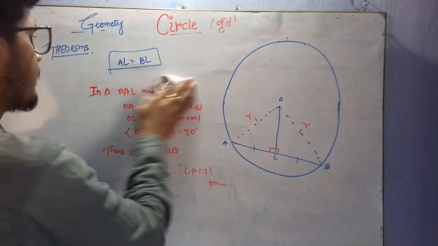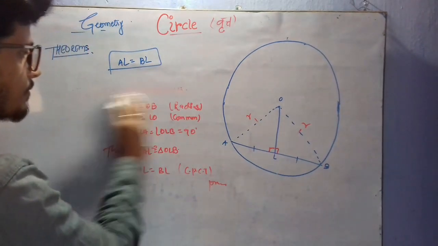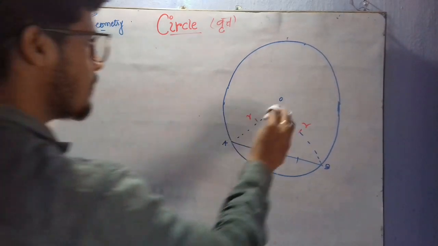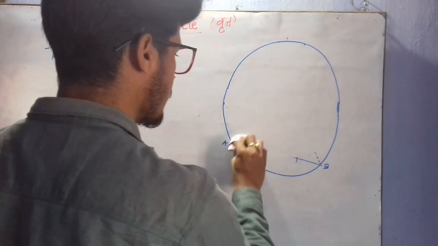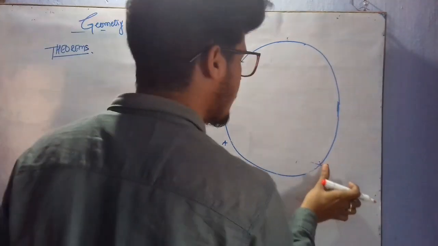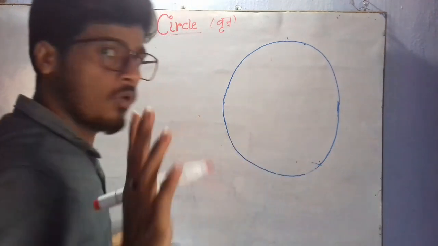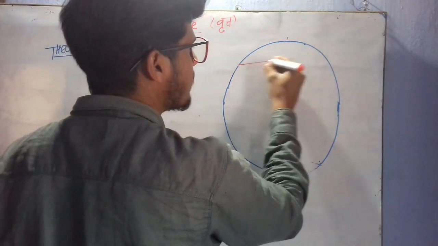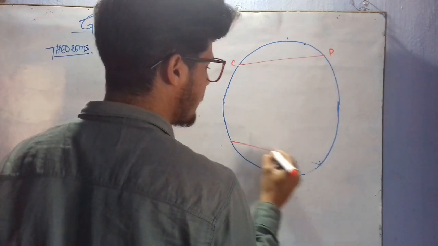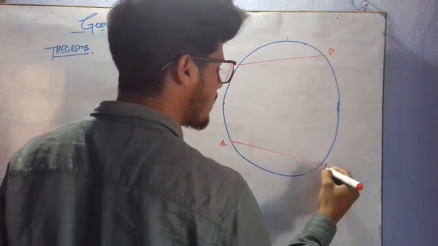Next theorem is, I have said many times that if two chords are equal in length, let's suppose this is C and D and this will be A and B, right?